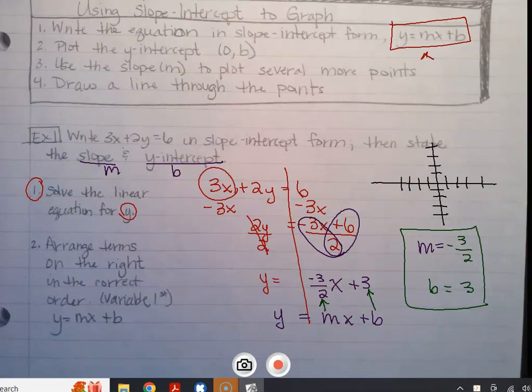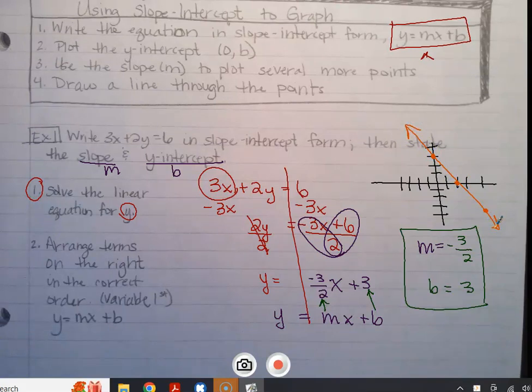So if my y-intercept is 3, I'm going to go to 3 on my y-axis, (0, 3). I'm going to put a point there. And then I'm going to use my slope, negative 3 over 2. So I'm going to go down 3, 1, 2, 3, and I go right positive 2. Down 3, 1, 2, 3, and right 2. And I just graphed it.